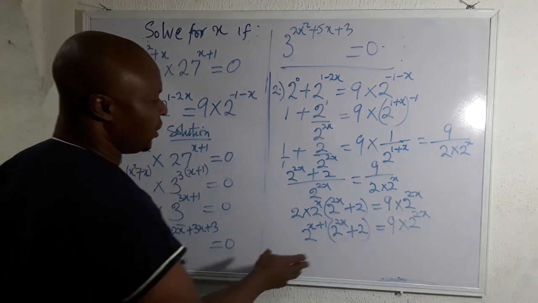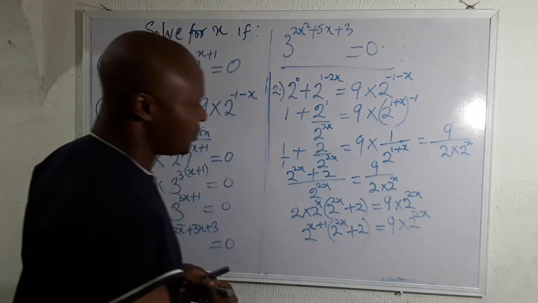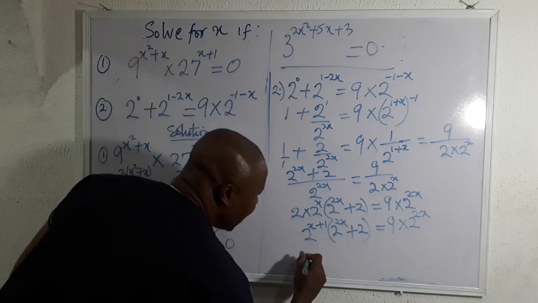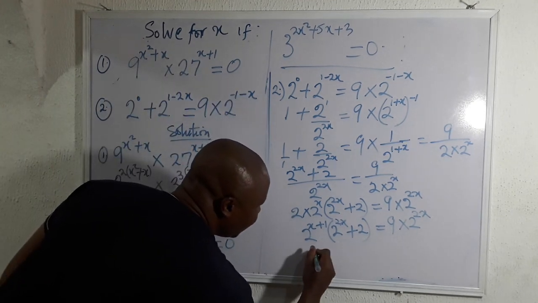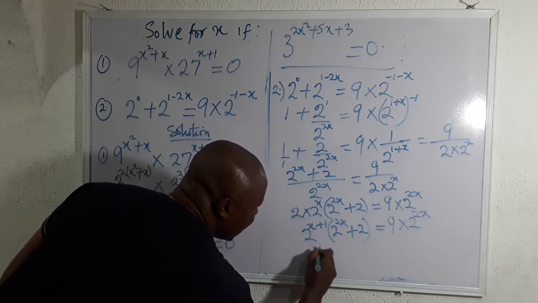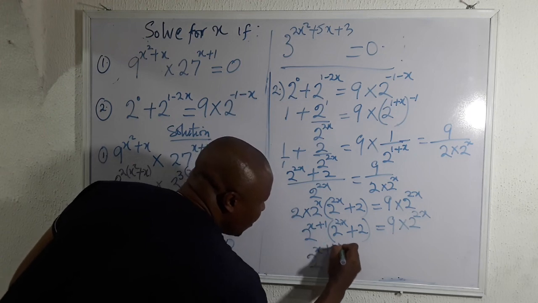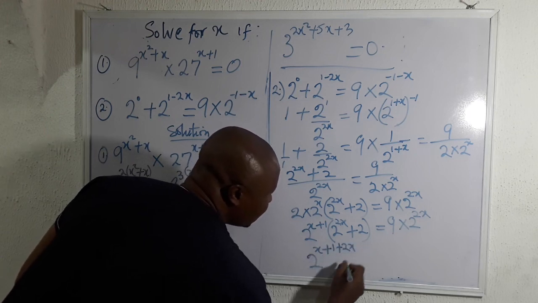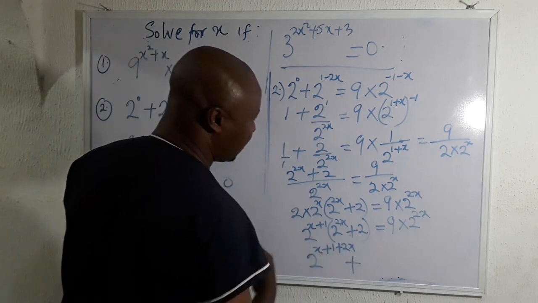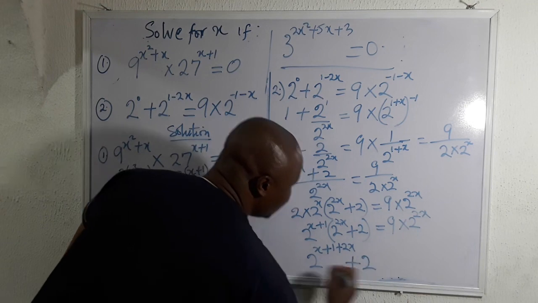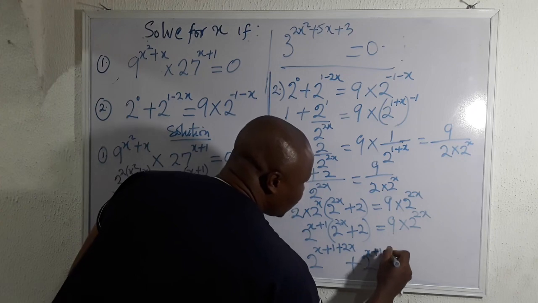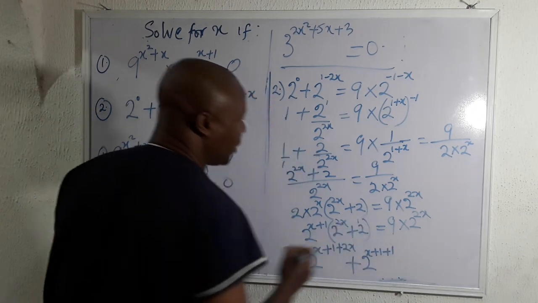If we open up this bracket, we are going to have 2 raised to the power x plus 1 plus 2x, plus, using this to multiply, 2 raised to the power x plus 1 plus 1, because this is 2 raised to the power 1.